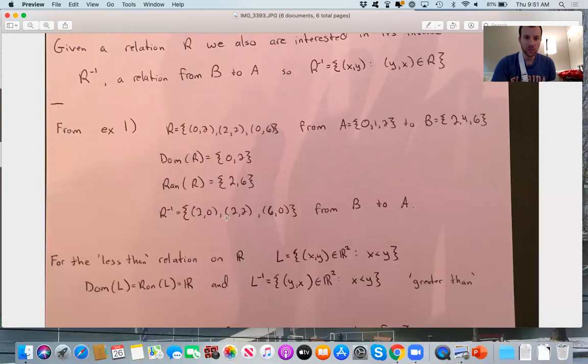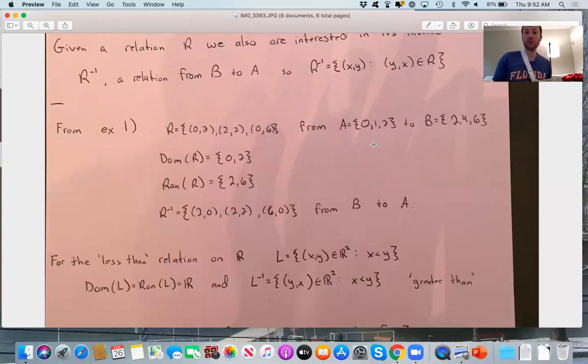And now this is a relation from B to A, because these first coordinates, 2 and 6, come from the set B, and the second coordinates, 0 and 2, now come from A. So for these small relations, we can see exactly what the domain and range are, and explicitly write out the inverse.